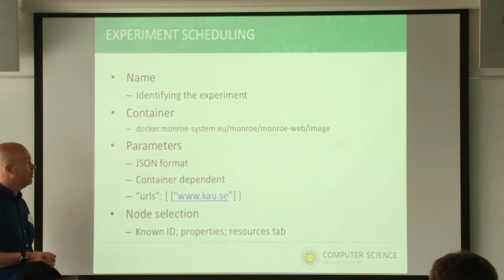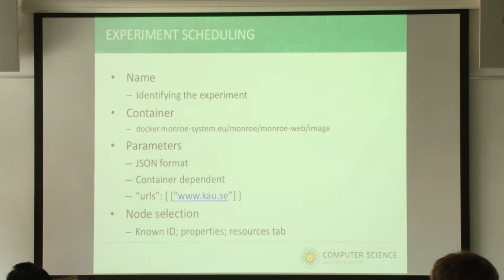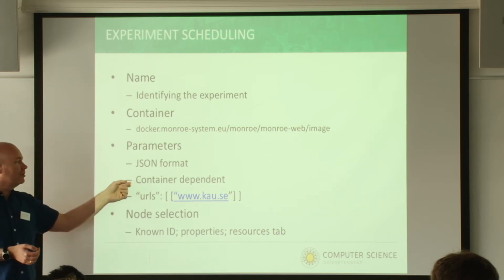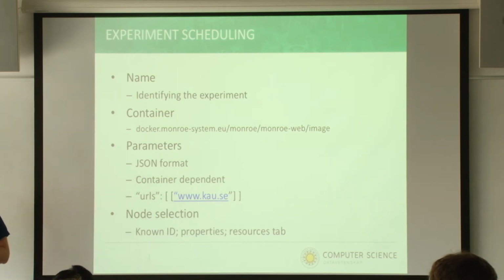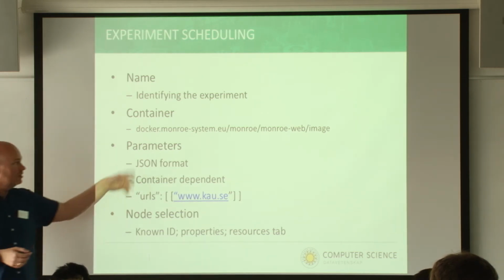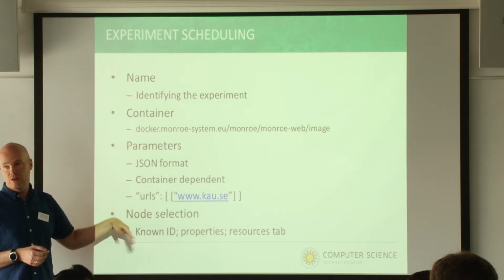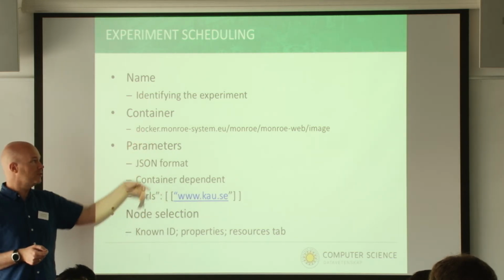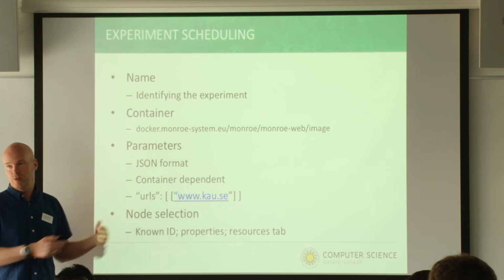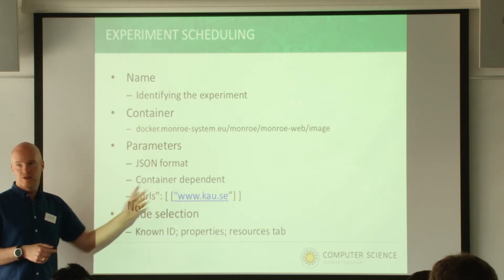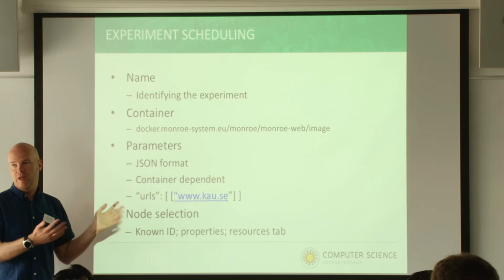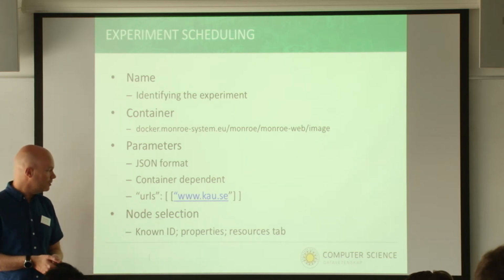You can submit some parameters in JSON format, so it's key value basically. This is dependent on the container, so the parameters are not the same for each container. If you're doing a web download, you would enter the URLs. If you're doing throughput measurements, maybe you would put in the responder host or the amount of data that you want to download or upload.